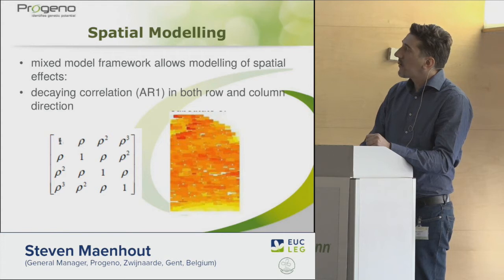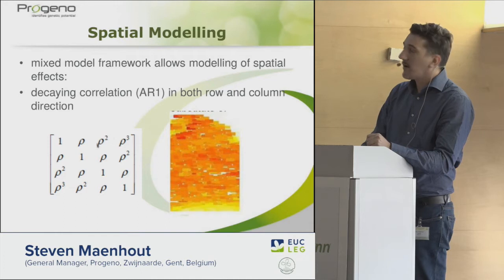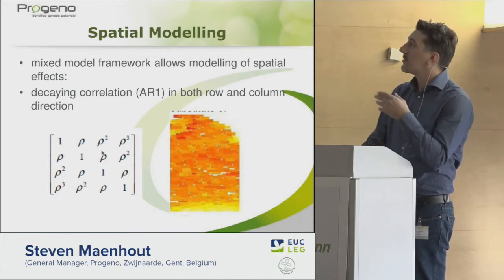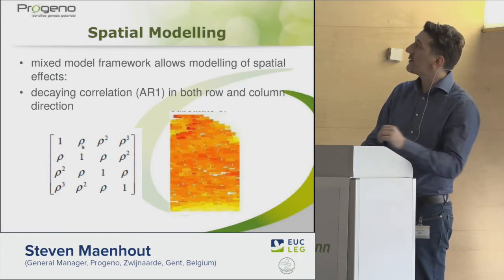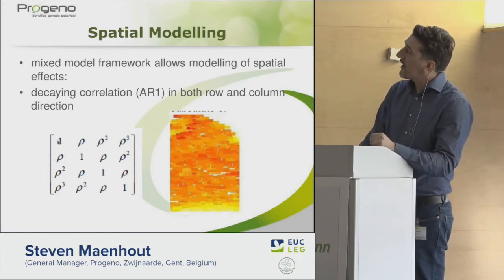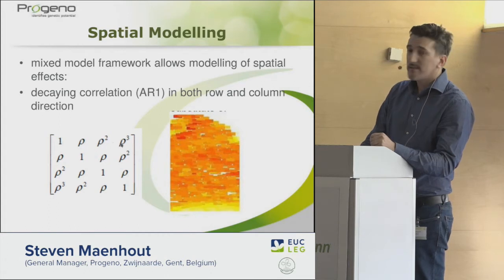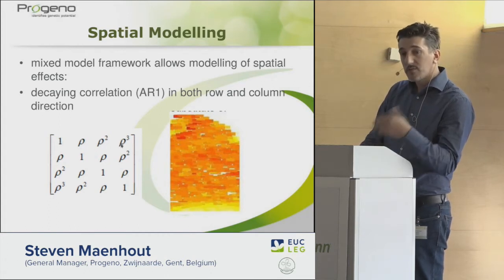Now, the correlation between the first and the third plot is the square of this parameter. So in other words, it gets smaller because rho is a number between 0 and 1. Take the square of that and it becomes significantly smaller. And the correlation between the first and the fourth plot is even smaller than that.